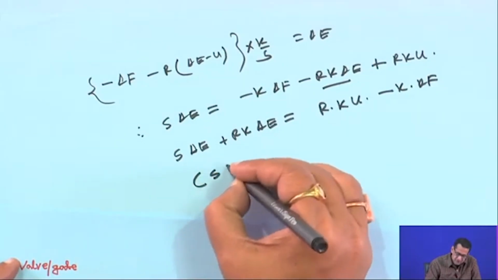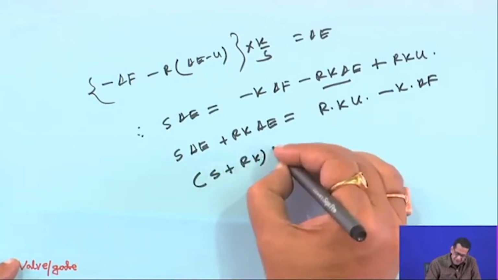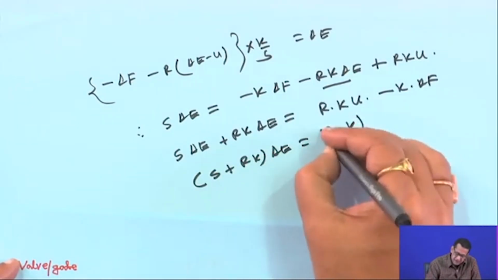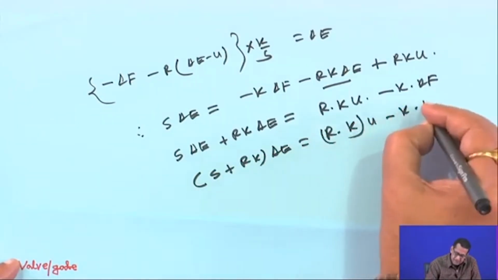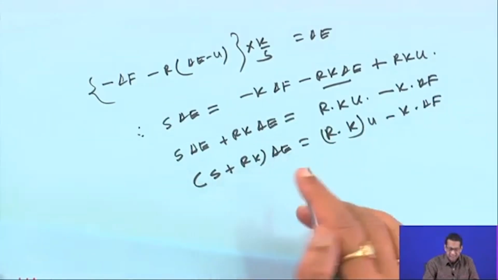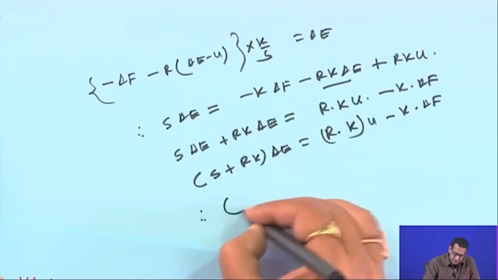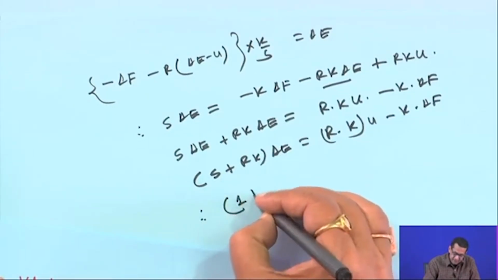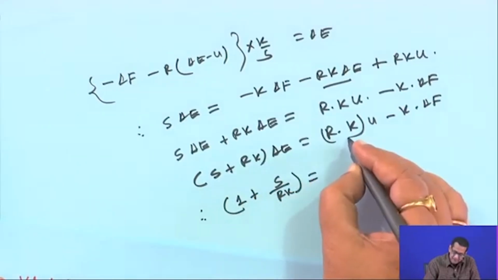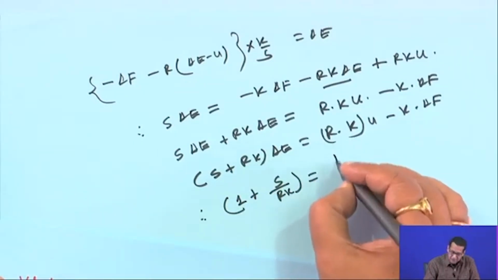So, it will be s plus r k delta E is equal to r k into u minus k into delta F. So, divide both sides by r k, right. If you do so, I am making it like this, r k if you divide, it will be 1 plus s upon r k is equal to this, r k will be cancelled.